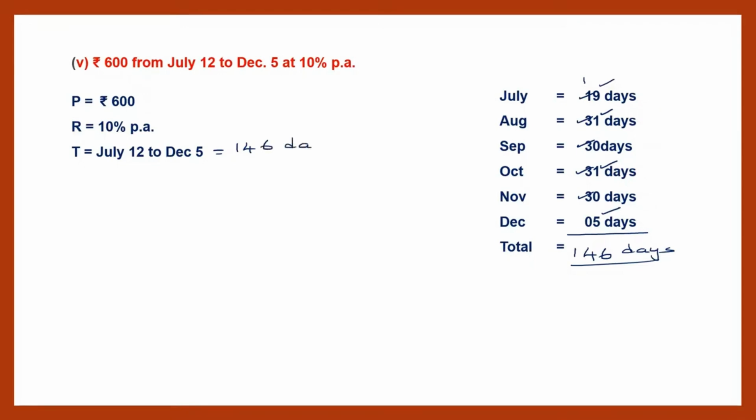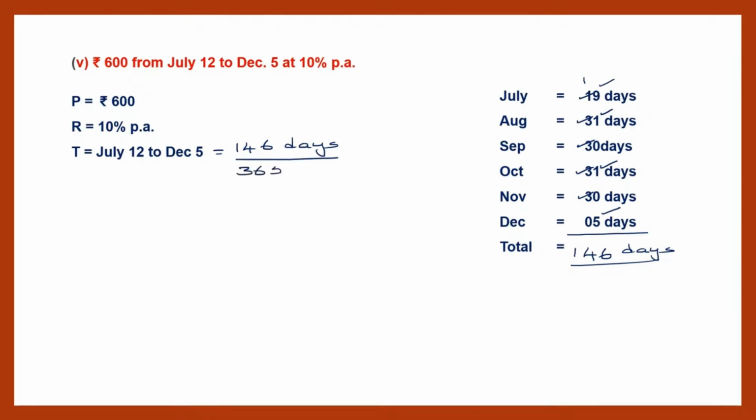So 146 days. But remember, time is always according to the rate of interest. And the rate of interest here is 10% per annum. That means per year. So we have to convert days to year. Whenever you convert days to year, divide days here by the number of days in a year.